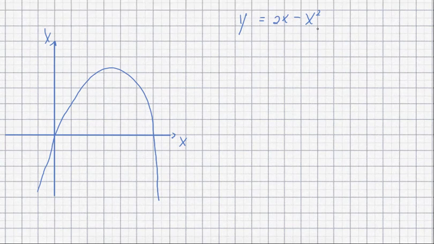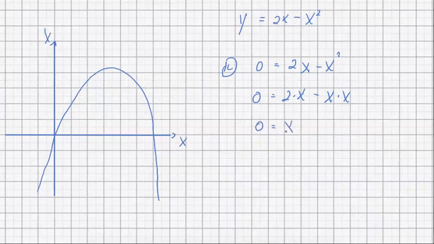You had a small problem with Aleph. Look, you want to look for the intersection with the x-axis, and you were right to put 0 instead of y. Totally fine. And then you did 0 equals 2 times x minus x times x. Perfect. And then you put x outside of the brackets.